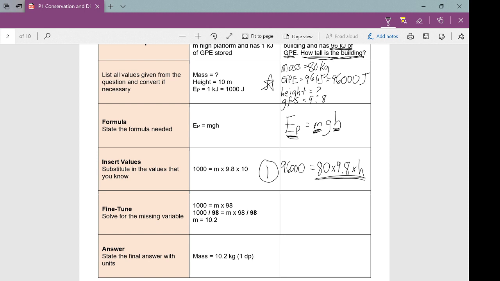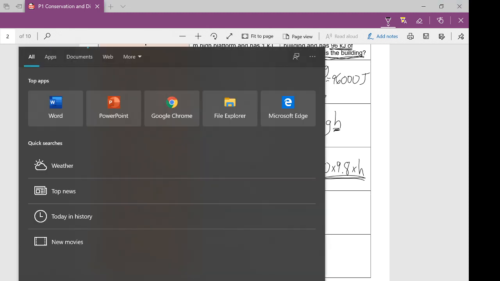I can times those two together and just make it so then it's one number instead of having two numbers and then a letter. So just like in maths, use the math skills. I'm going to rewrite this, but I'm going to times the 80 and the 9.8 to give me an actual one number that I can work with instead of having multiple.